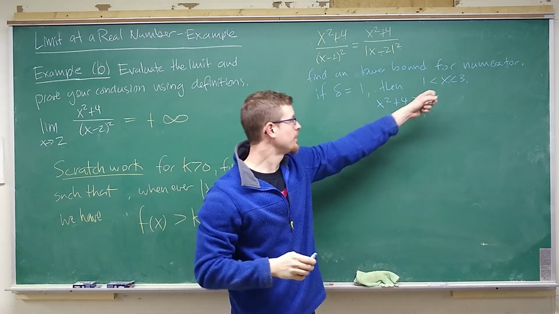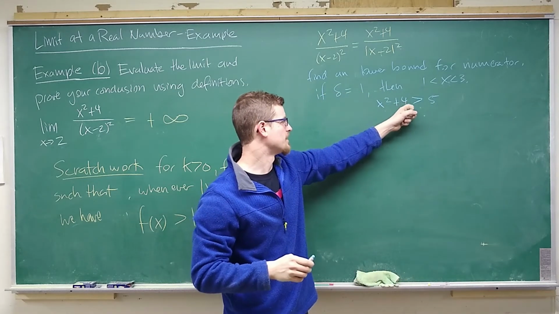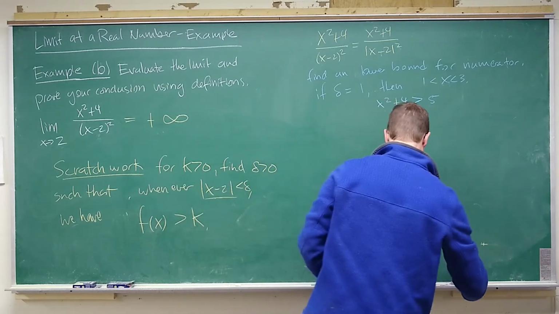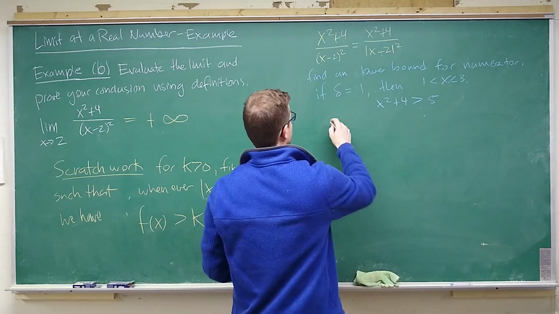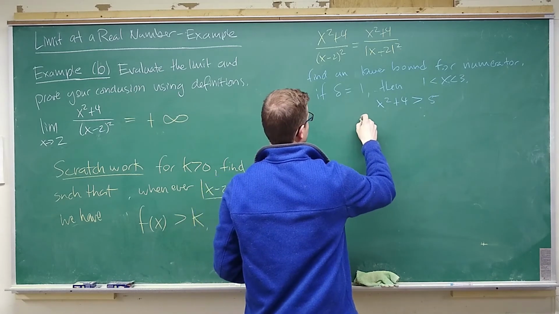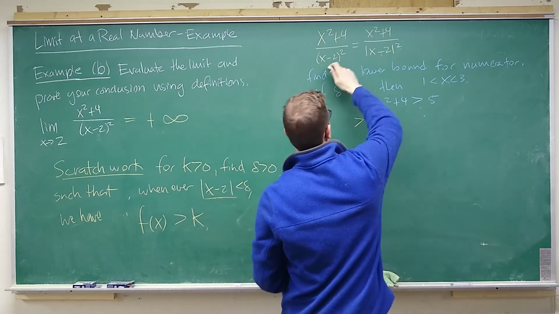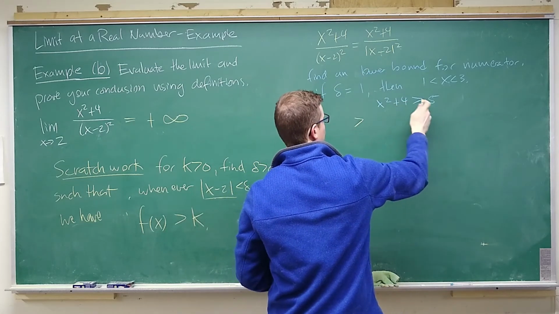Right? Plug in 1, you're going to get 1 squared plus 4 is 5, but our x values are greater than 1. So we have that it's greater than 5.